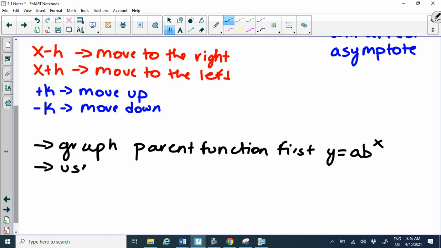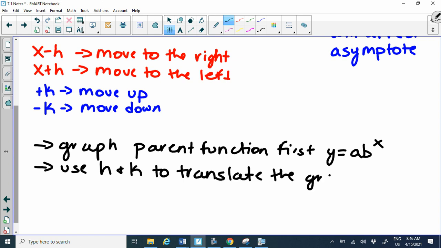And then you will use the translations, or I can say use H and K, to translate the graph. There we go. Okay, so you might want to write that down as well. So pause the video if you need to write that stuff down.